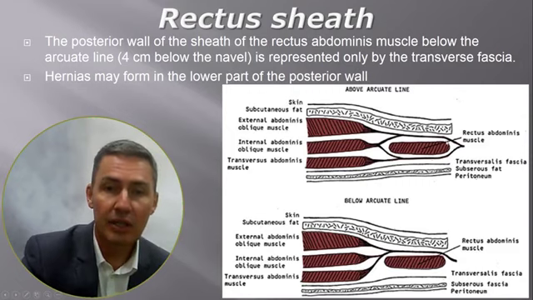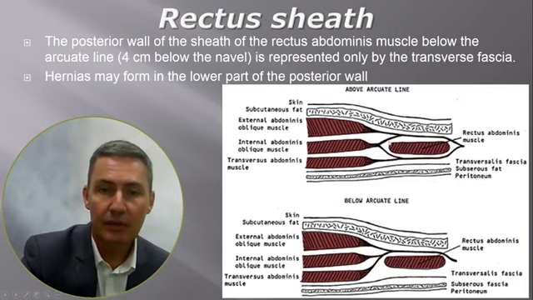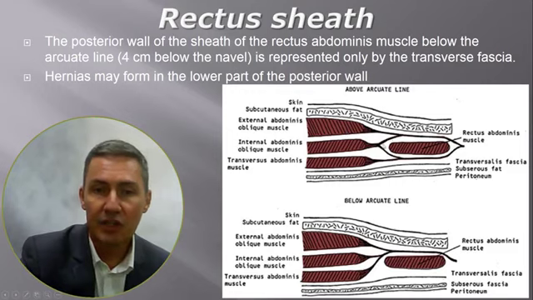In the region above the arcuate line, the rectus sheath is formed by one complete aponeurosis from the external oblique muscle and the superficial lamina of the aponeurosis of the internal oblique.